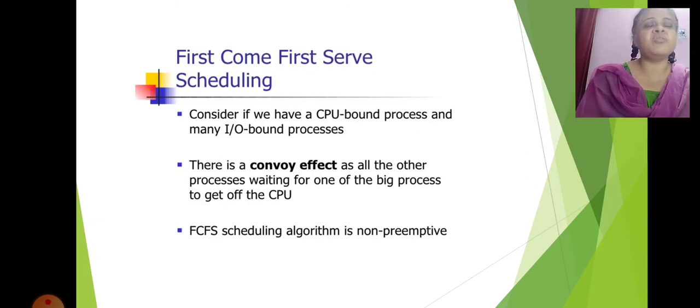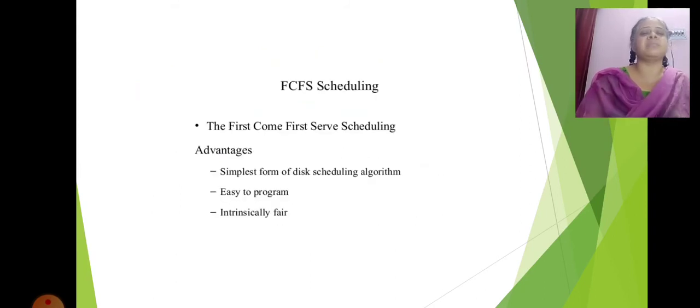There is a convoy effect as all other processes wait for one big process to get off the CPU. This effect results in lower CPU and device utilization than might be possible if the shorter processes were allowed to go first. This is one of the disadvantages of FCFS scheduling.